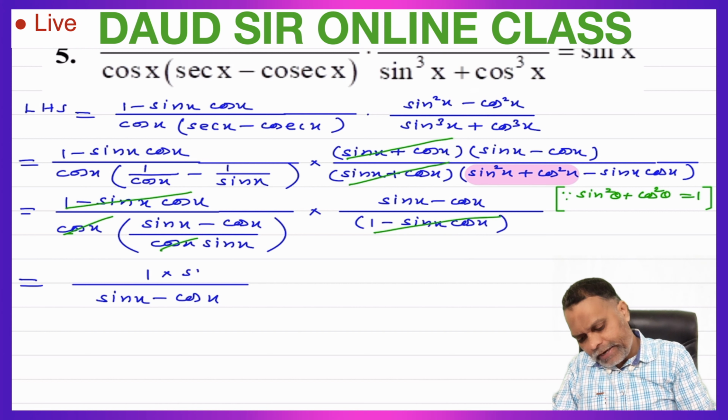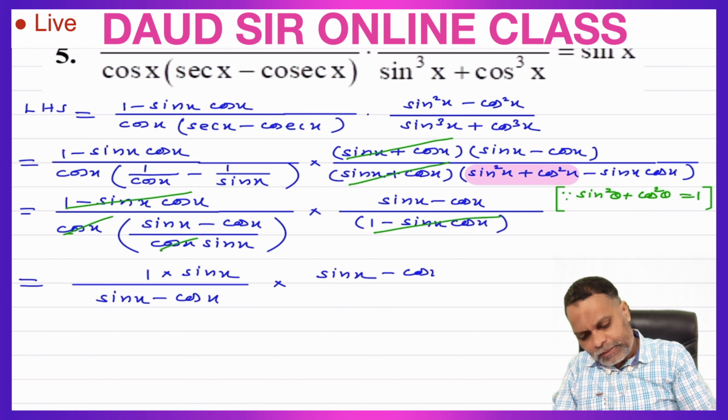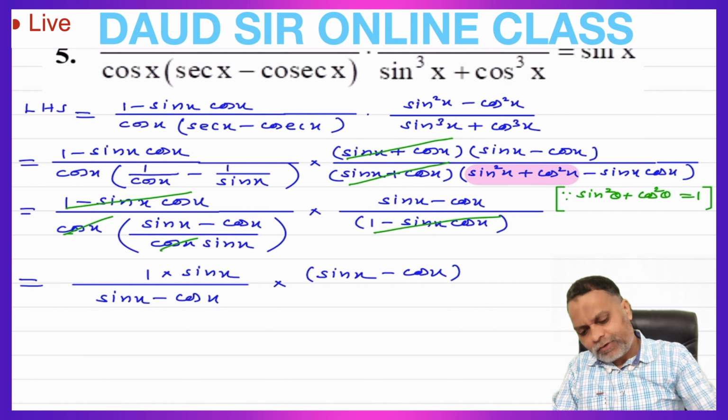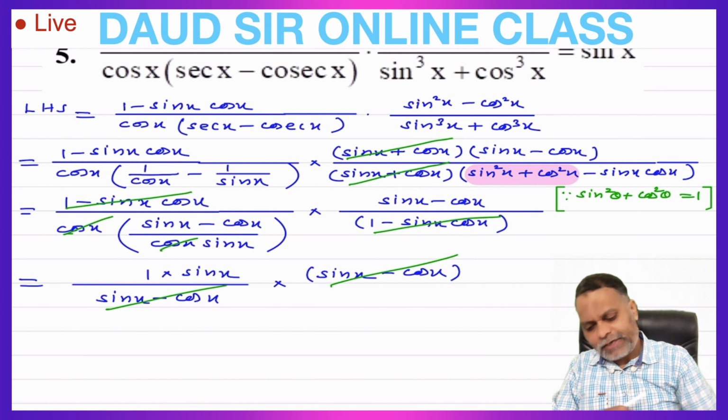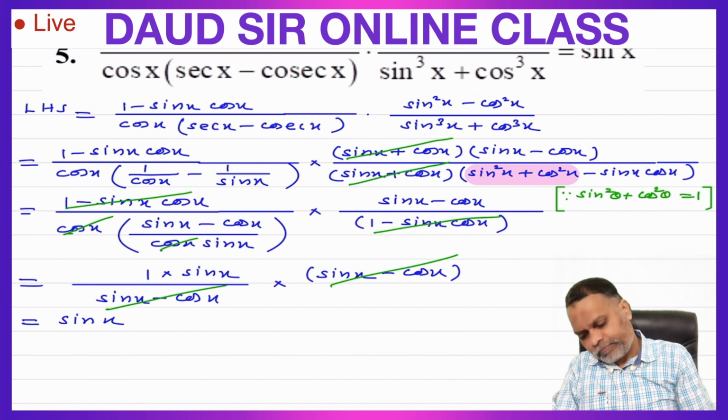So into sin x into sin x minus cos x only. So this sin x minus cos x cancelled. So finally only sin x is left here, which is equal to the right hand side.